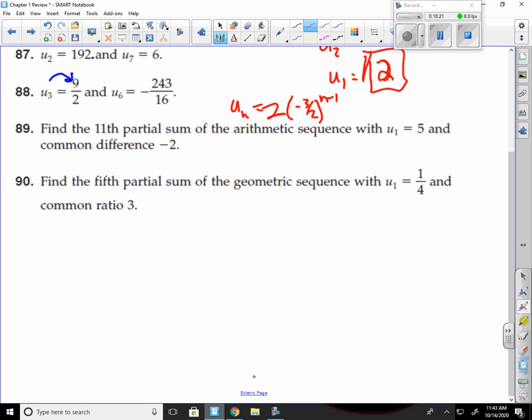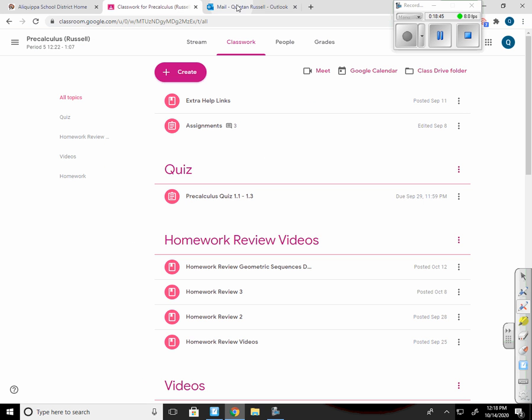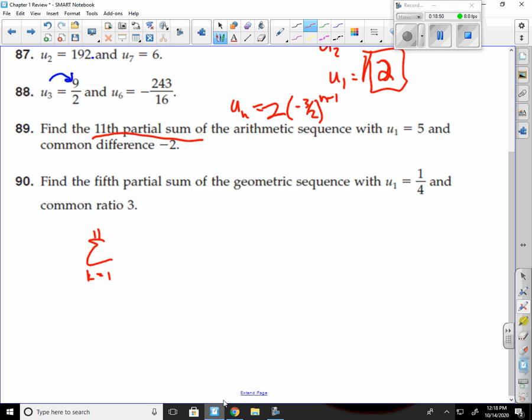Number 89, find the 11th partial sum of the arithmetic sequence with u sub 1 equals 5 and common difference of negative 2. You need to know your formulas for partial sums. K equals 1 to 11. So if we're doing this 11th partial sum, we need to first find u sub 11.